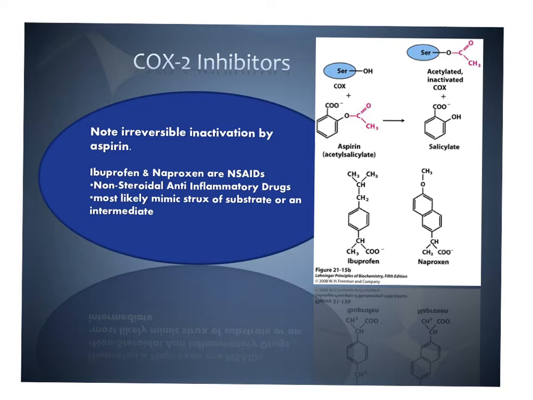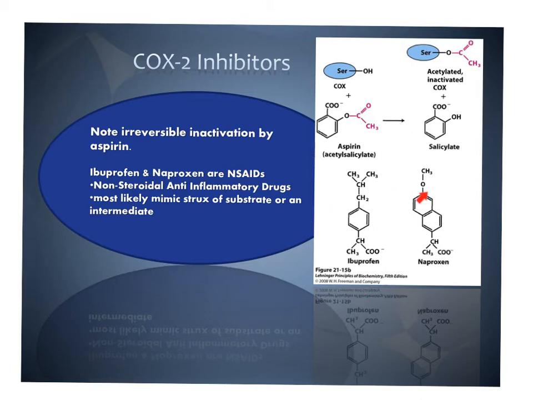It binds, it actually acylates, and it's irreversible. Now this acetyl group blocks the arachidonic acid from coming into the active site. It can't fit anymore, and you get salicylate. Salicylate is also an anti-inflammatory, just not as potent. Same thing with methyl salicylate, wintergreen oil.